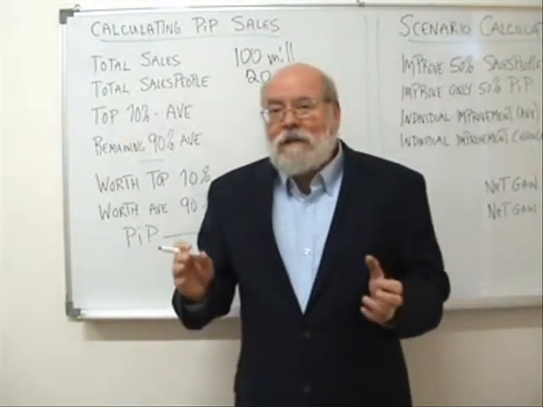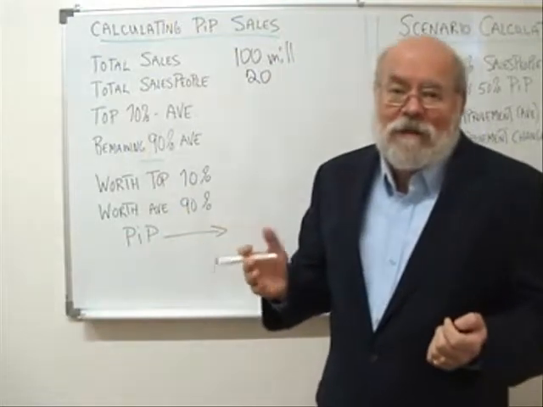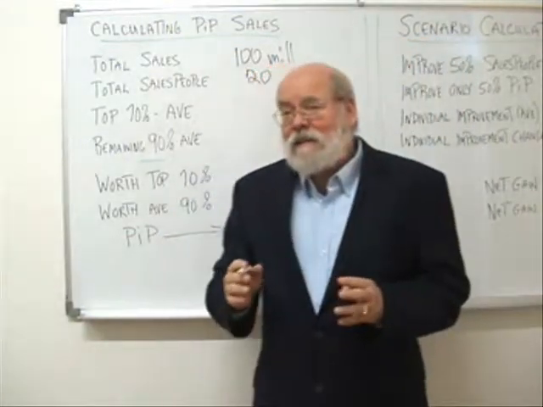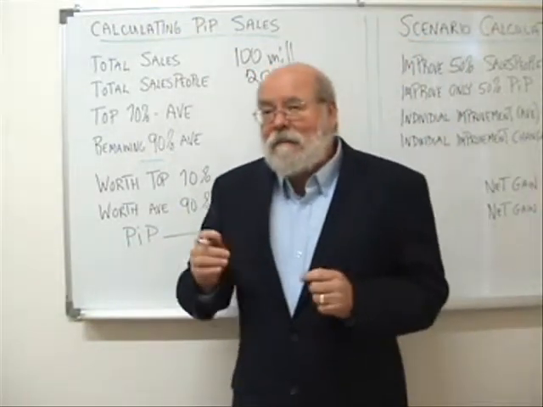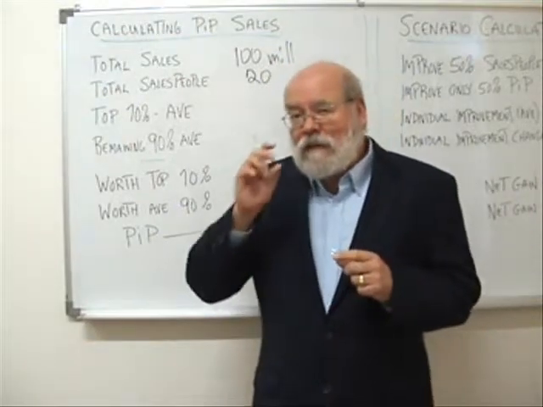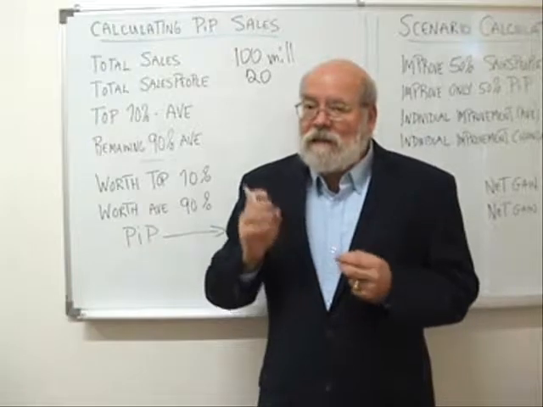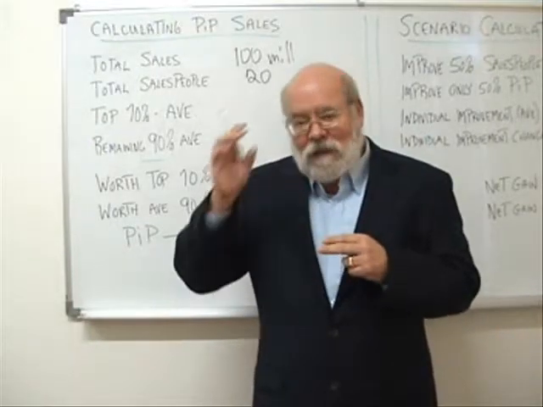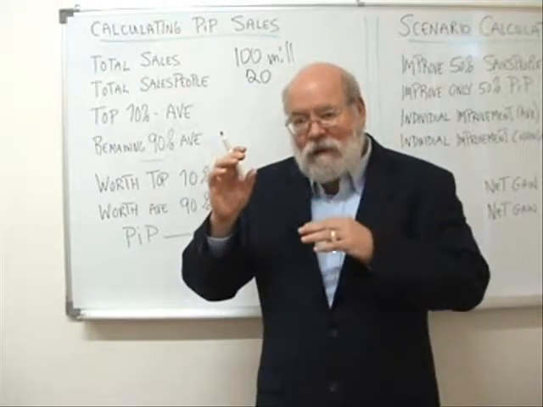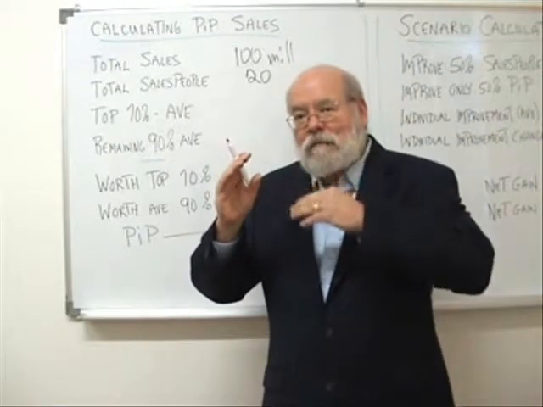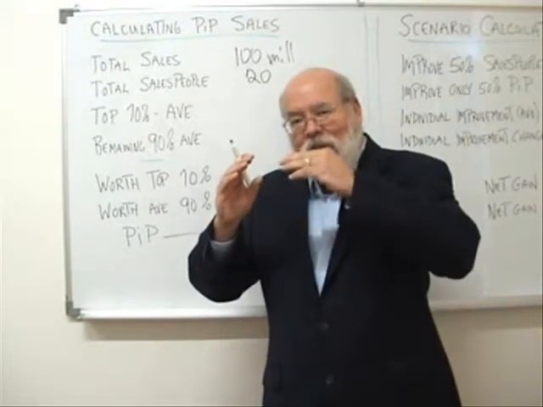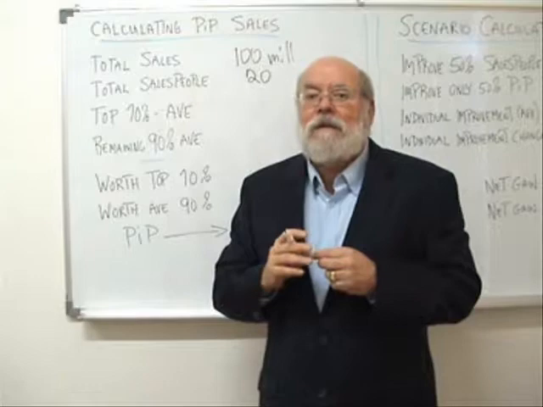But in fact, we know in the real world that not all salespeople are equal. So in this case, as we look at the data, it's always useful to try to find who are actually the best performers, and that's how we normally calculate this potential to improve performance. We look at the best, we look at everyone else, and see how we might be able to improve everyone else closer to the performance of the top people.